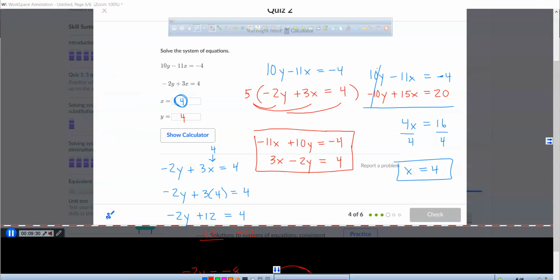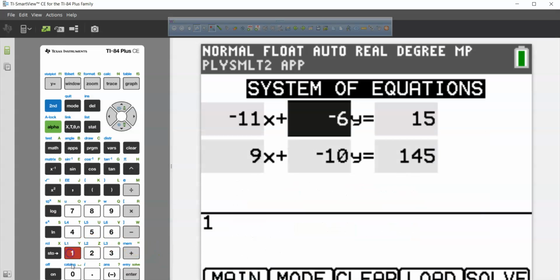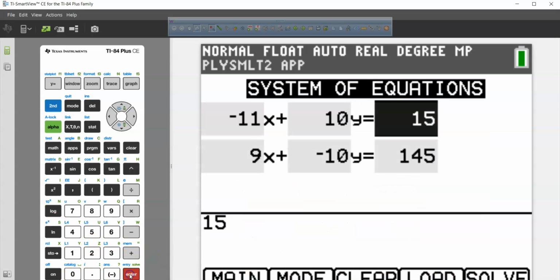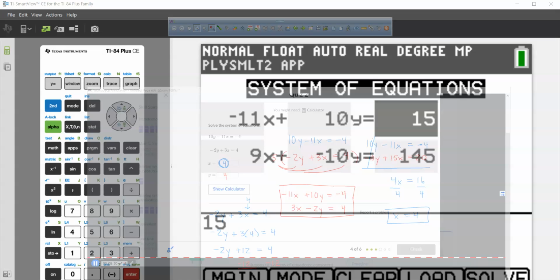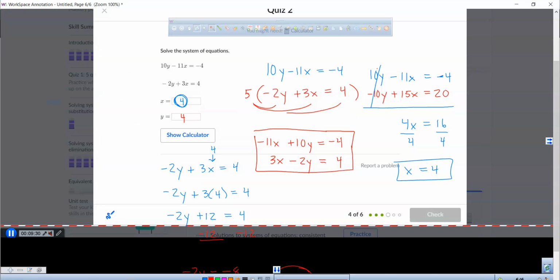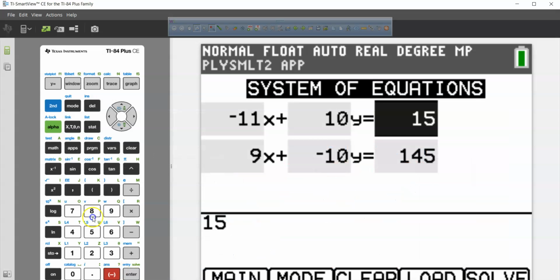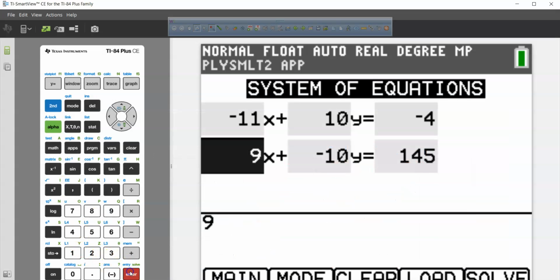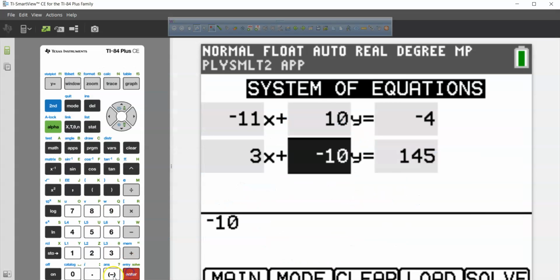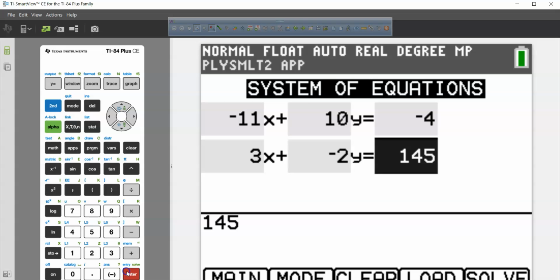Then what am I going to put? Positive 10y. Then 3x. Wait, hold on. Negative 4. Three. Negative 2. Then I think this was a positive 4.